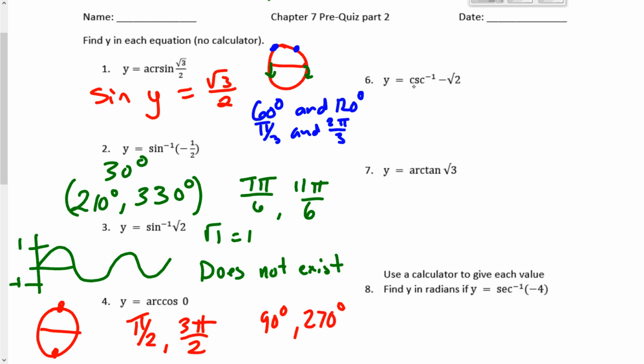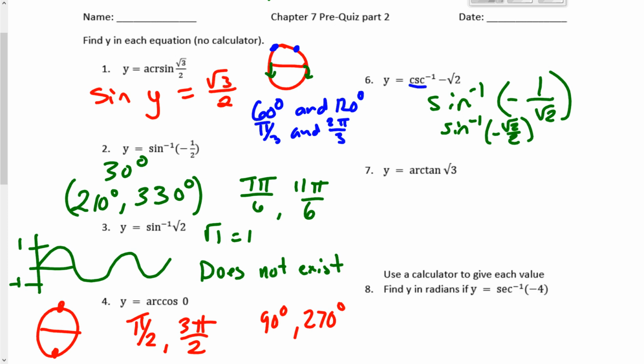Okay, whereas cosecant of negative root 2, we'll worry about the negative in a little bit, but cosecant goes with sine, so I'm really looking at sine inverse, but I don't put a 1 over sine inverse, because the angles stay the same, what I'm looking for, but I flip. So this negative root 2 becomes negative 1 over root 2, which is root 2 over 2, so sine inverse of negative root 2 over 2.